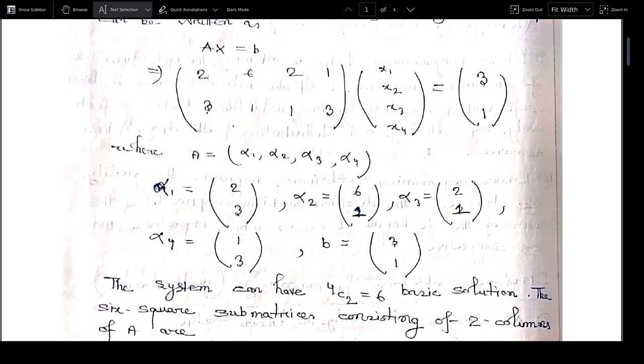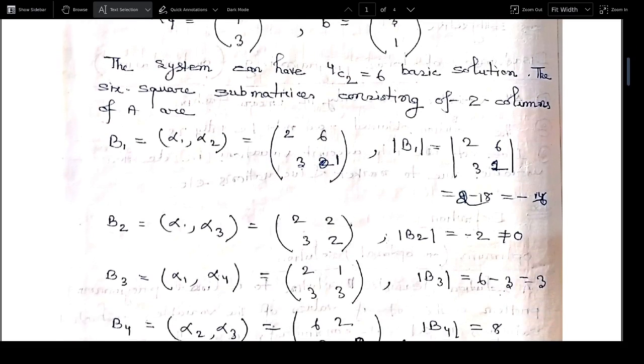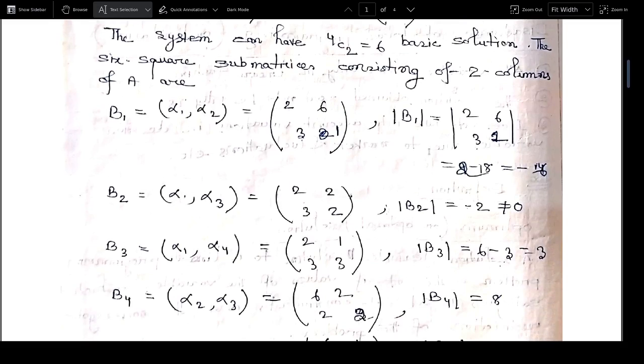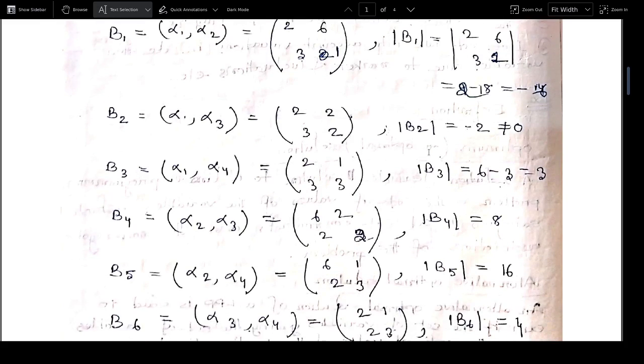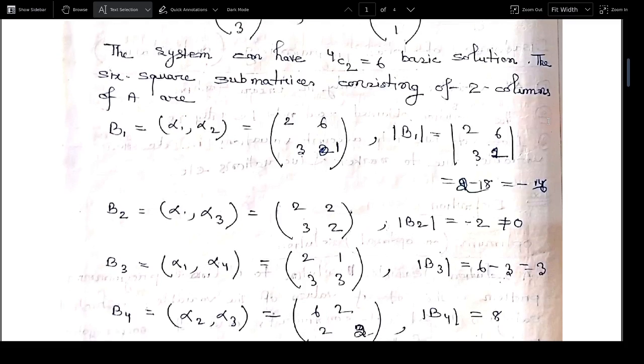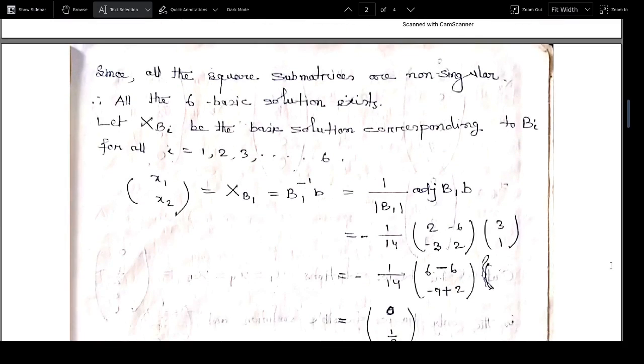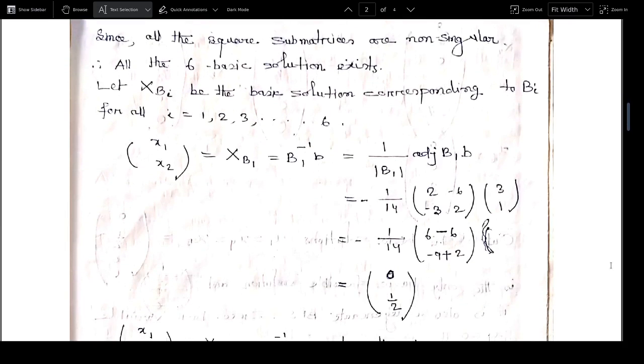Similarly, you find B2 and its determinant, then B3, B4, B5, B6. All are non-zero, so all square submatrices are non-singular. A matrix is non-singular if its determinant is non-zero. So all 6 basic solutions exist.